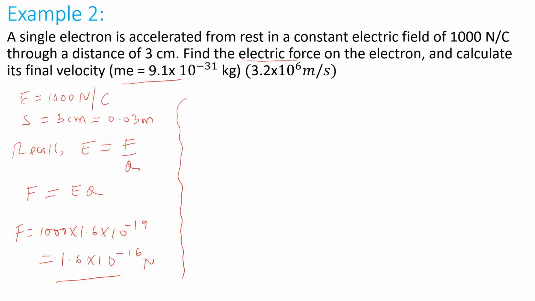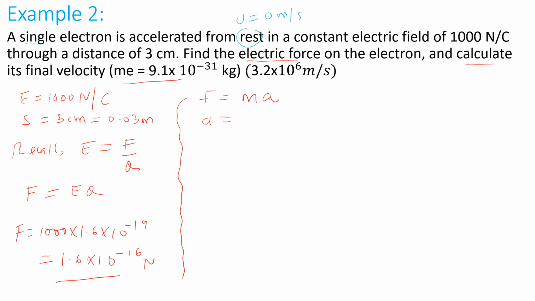That's not all. The next part is saying find the final velocity. Look at the question. It's a single electron accelerated from rest. This gives us the initial velocity is 0 meters per second. And we have already the force that causes that acceleration. We know that force is always equal to mass times acceleration.